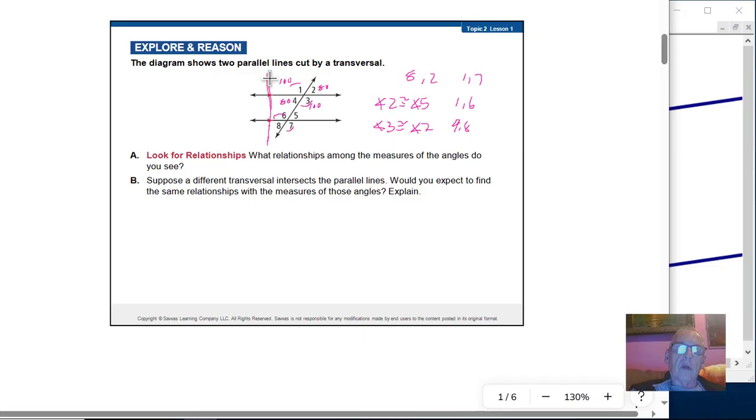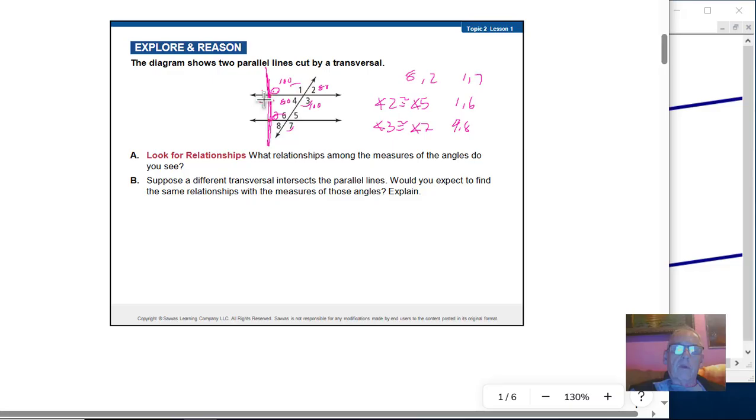Now, if a different transversal intersected these lines, like let's say we had a transversal coming across this way, would you expect to find the same relationships? Well, let's see. Again, these are going to be vertical, so they're going to be congruent. And again, it looks like maybe those 2 would be the same.